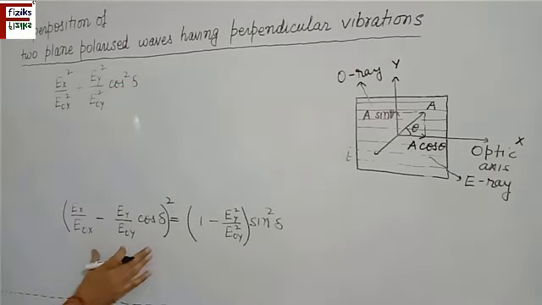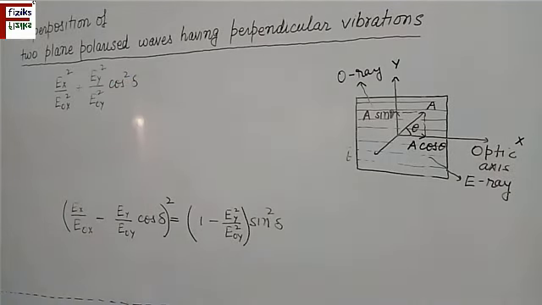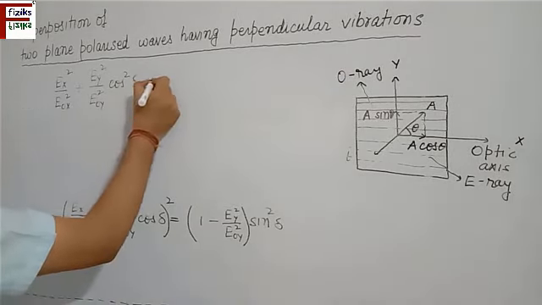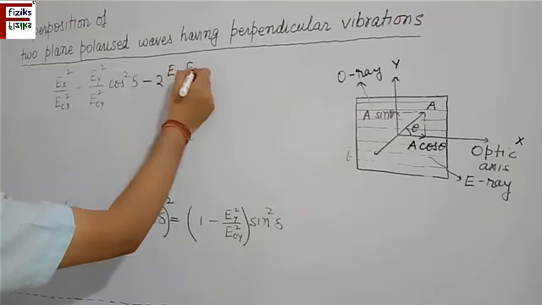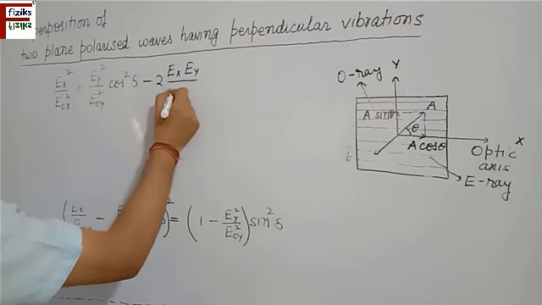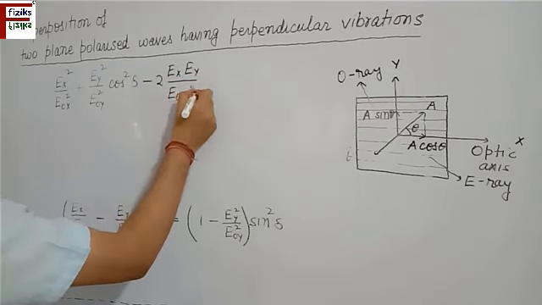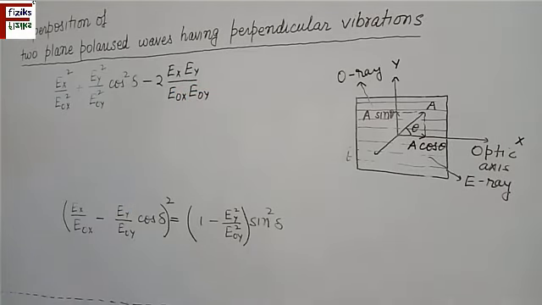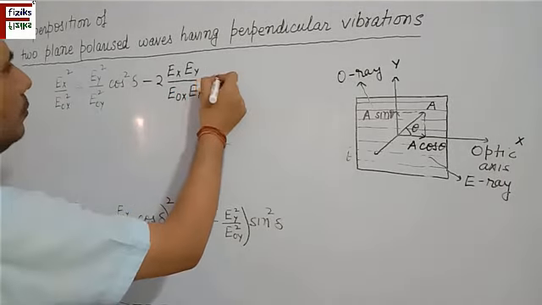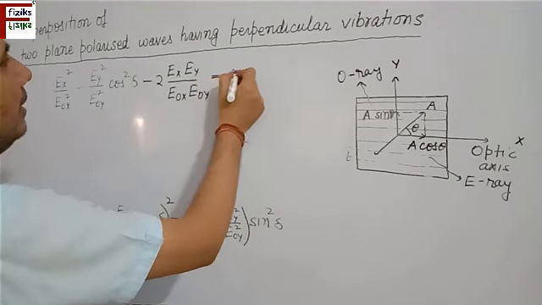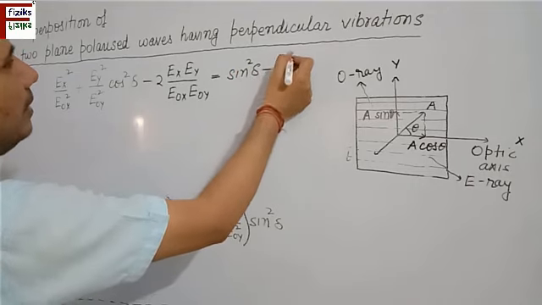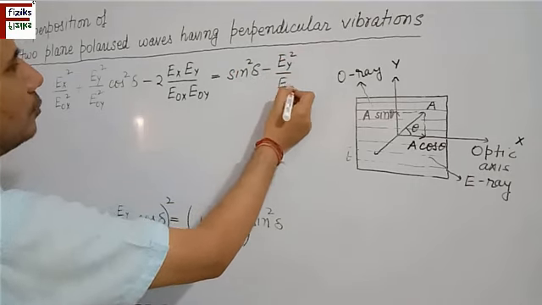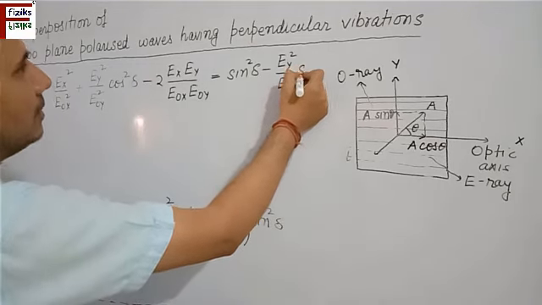So we are opening this square term, and here there is a negative sign, so we will have 2 times Ex Ey upon E naught x E naught y cos delta. This will be equal to sine square delta minus Ey square upon E naught y square sine square delta.